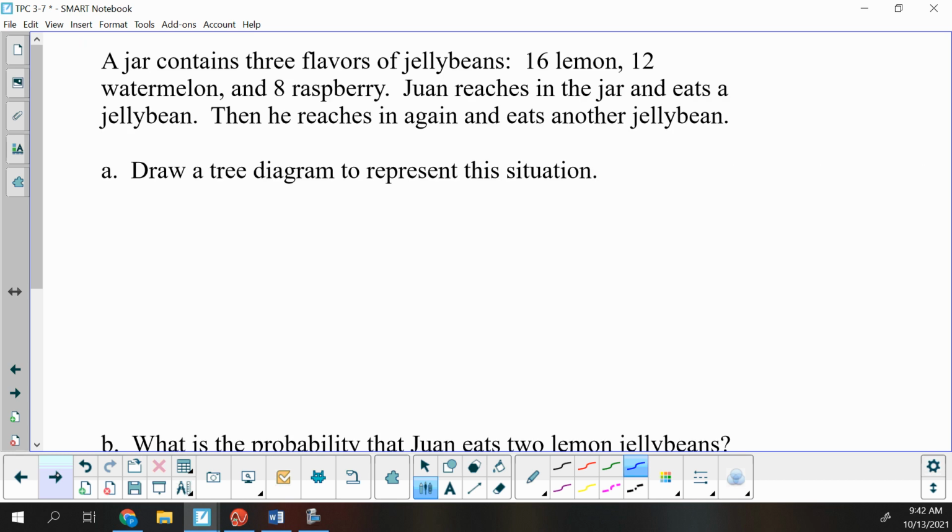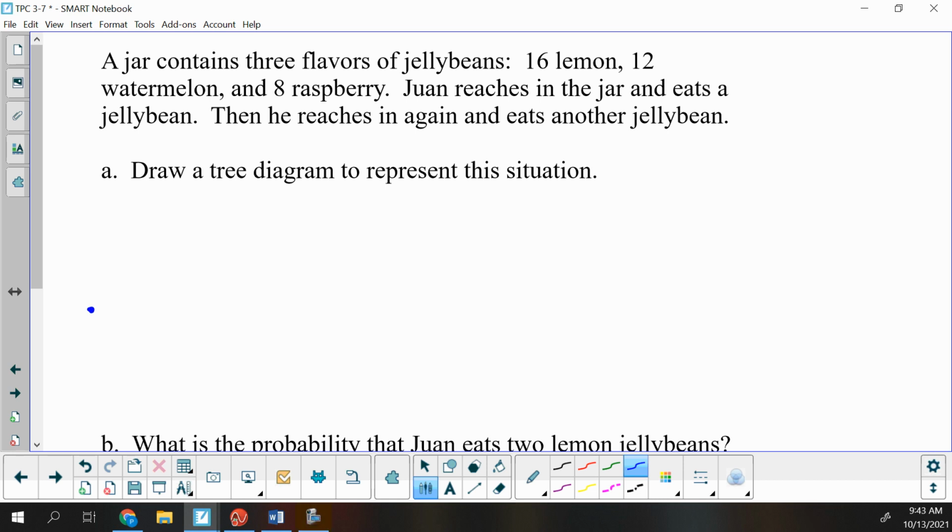Moving on to page 48, we'll give you a moment to read through the scenario there. So we have a jelly bean that is picked, and then a second jelly bean is picked, but because the first one was eaten, it will not be replaced.